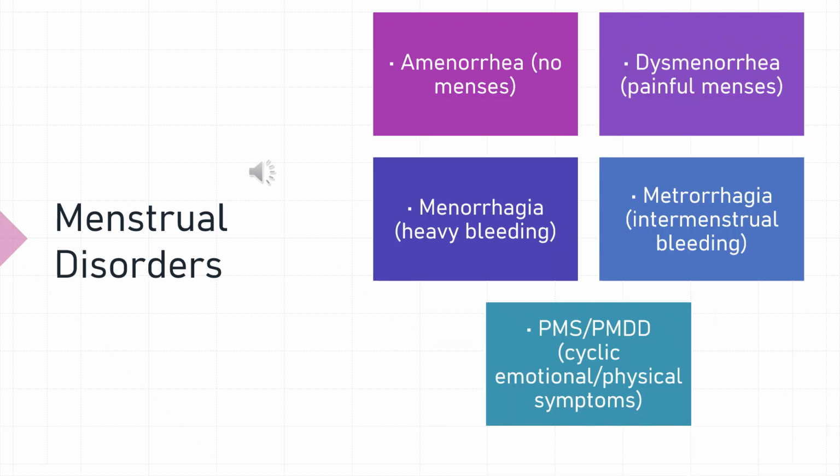Okay, so we talked about the typical menstrual cycle. Now we're going to talk about some disorders related to the menstrual cycle. We have amenorrhea. This is an absence of menstruation. This is broken up usually into primary amenorrhea and secondary amenorrhea.